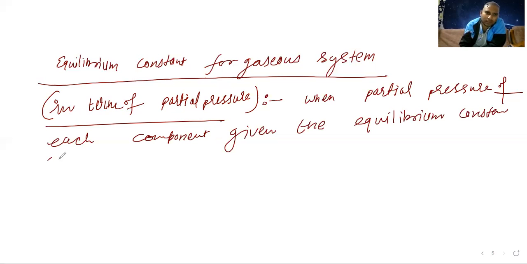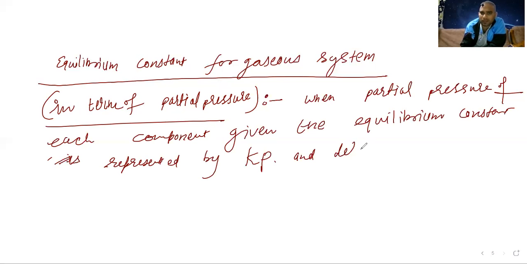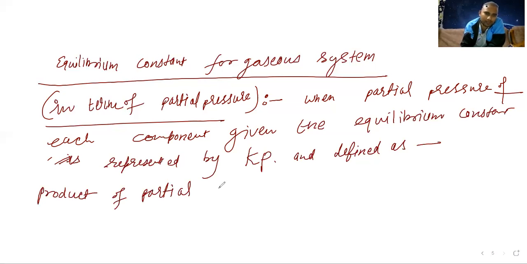The equilibrium constant is represented by Kp, and defined as the product of partial pressures of products raised to the power of their coefficients, divided by the product of partial pressures of reactants raised to the power of their coefficients.